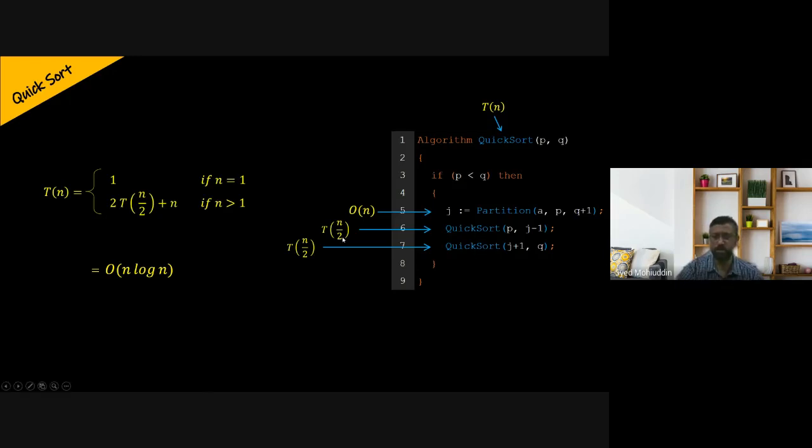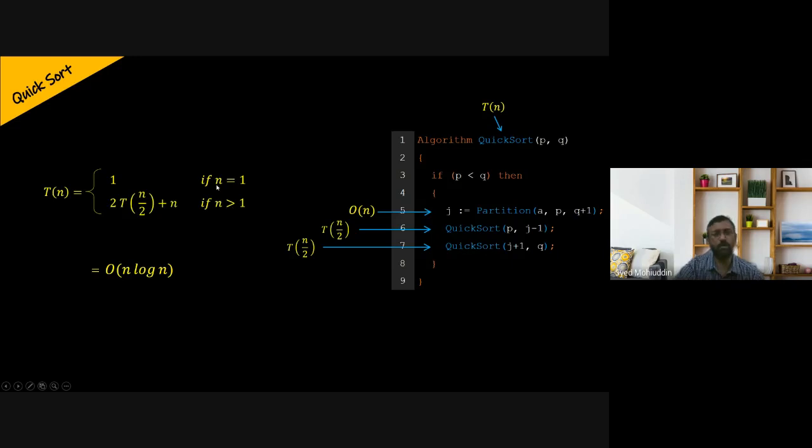Though the left and right partitions may not be equal in size, we consider that on an average case, the partitioning element is always going to be in the middle. So we say that partitioning is divided by 2. The left partition is half of the elements, and the right partition is half of the elements. If we add these up, we have 2T of n by 2 plus n, where n is O of n for partition. This is the recurrence relation when n is greater than 1.